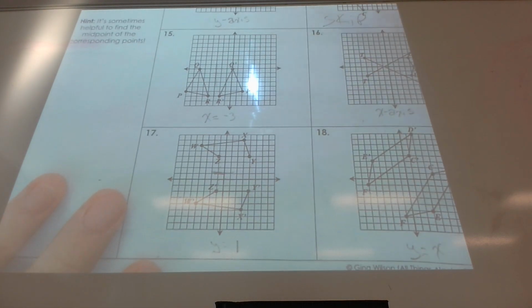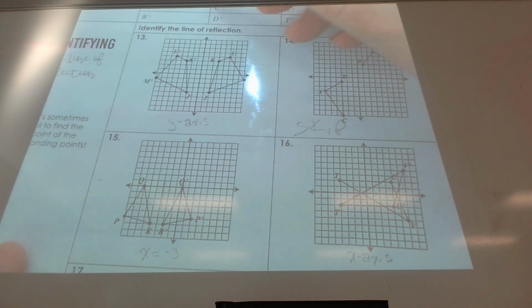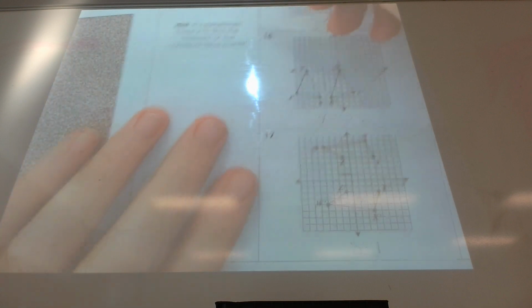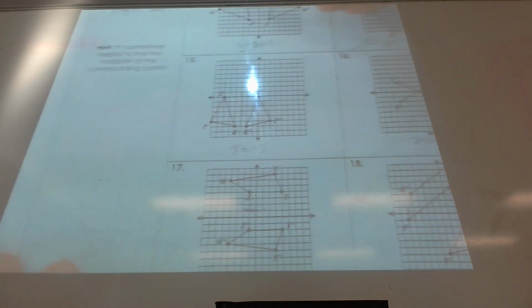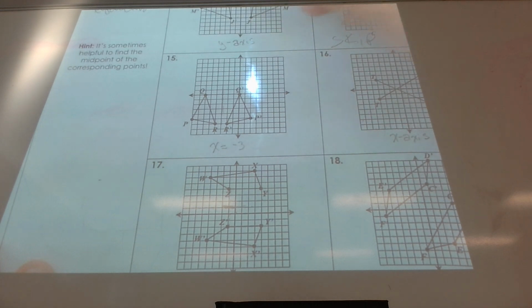Now, here it says to identify the line of reflection. A hint says that it's sometimes helpful to find the midpoint of the corresponding points. Personally, I like to look for the closest points, so J and J prime.